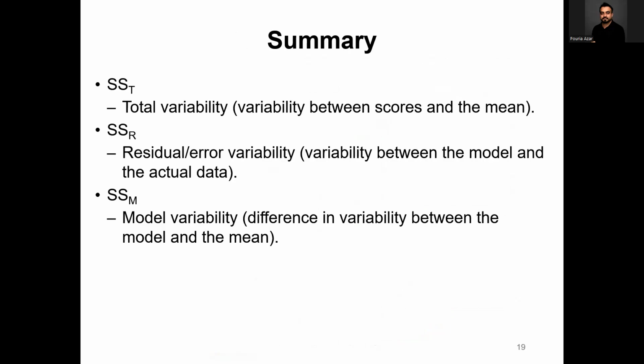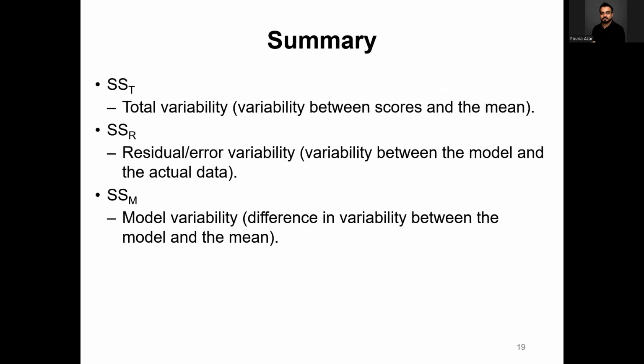Sum of squares total indicates total variability, the variability between scores and the mean of the outcome variable. Sum of squares for residuals, or error variability, is the variability between the model and the actual data. And the sum of squares for the model is the model variability, the difference in variability between the model and the mean value of the outcome variable.